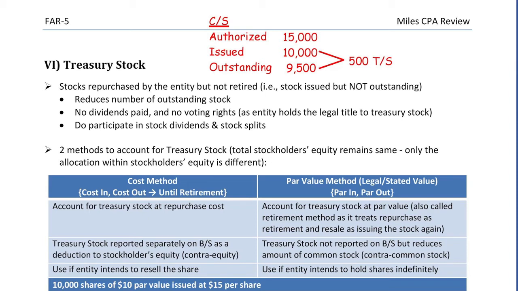There are two methods to account for treasury stock. The first one we're looking at, put a box around it, cost method. In this method, you account for treasury stock at repurchase cost, and it's generally used if the company intends to resell the shares.